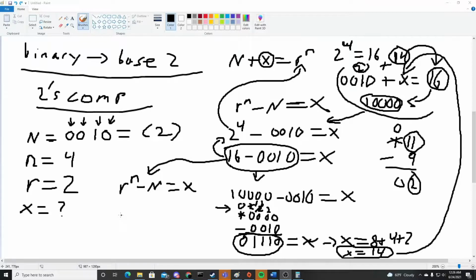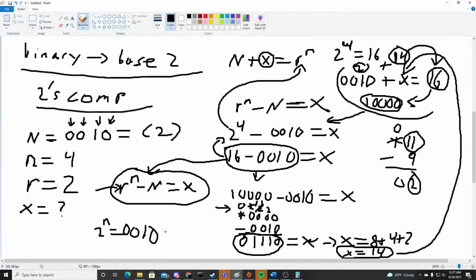But that's really the whole reason, if you look back to the original equation we were solving, 2's complement refers to the r right here, which is our base. So 2 to some power, given that we already know we have one number, which in our case was this capital N, 0010.